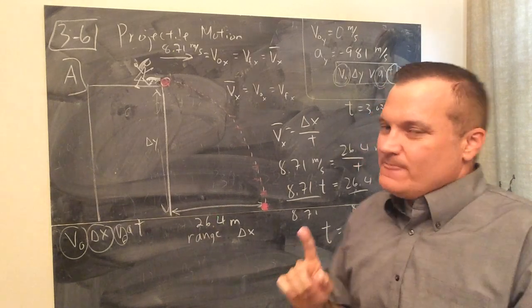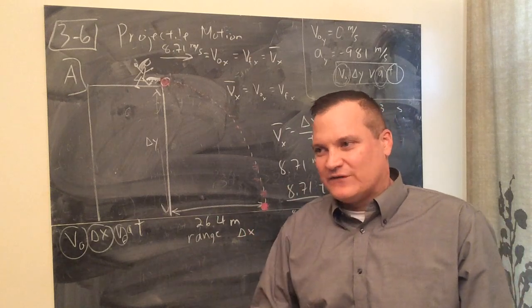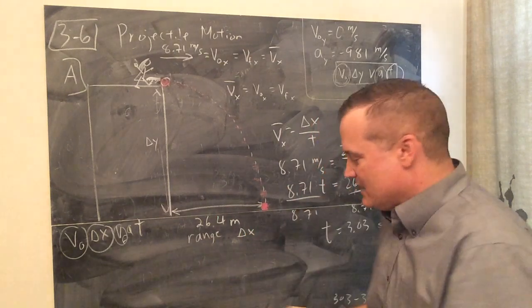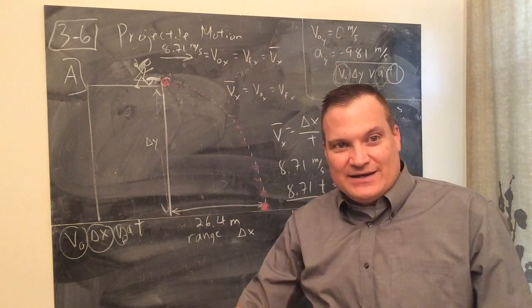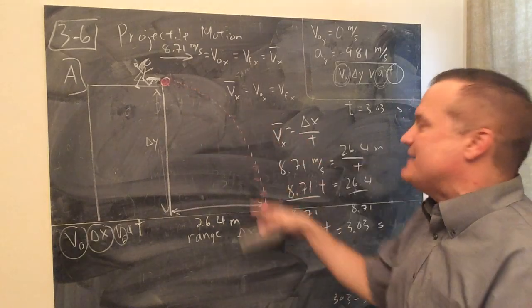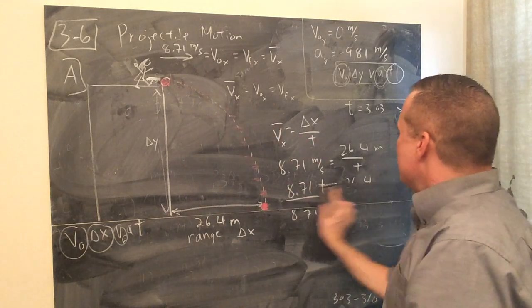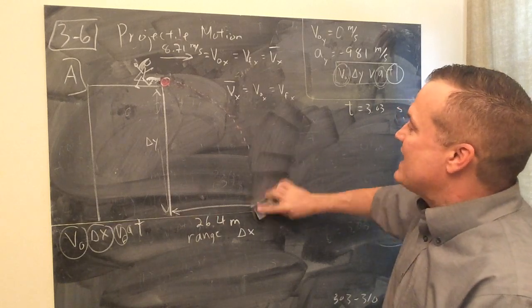Now, today, this is the only kind of problem we're going to do in this first assignment. And tomorrow, we'll look at the next lesson, whatever that's going to be. So if something went up and came back down again, then you'd have to double the time that you get. But that didn't happen here. It only went down. Okay, so you might remember in free fall we did that thing where we went up and down. Well, we're going to see that later on.